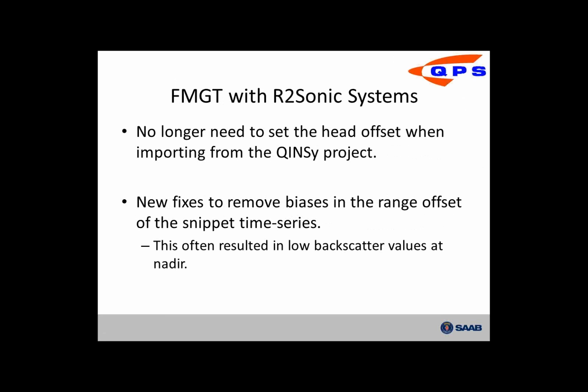This occurred during the production of the GSF files when you were importing from the Quincy project. Those biases often resulted in low backscatter values at nadir, and people saw that in their data. So both of those things have been fixed, but it's important to be aware of if you were dealing with these problems in the past.